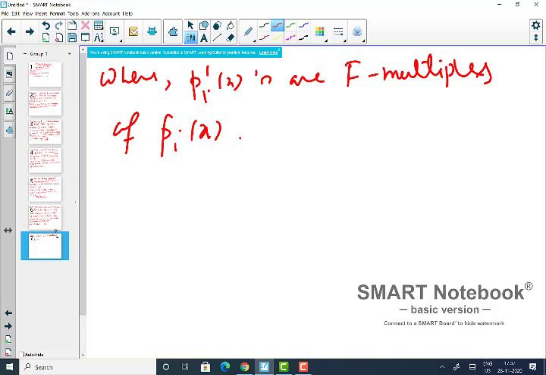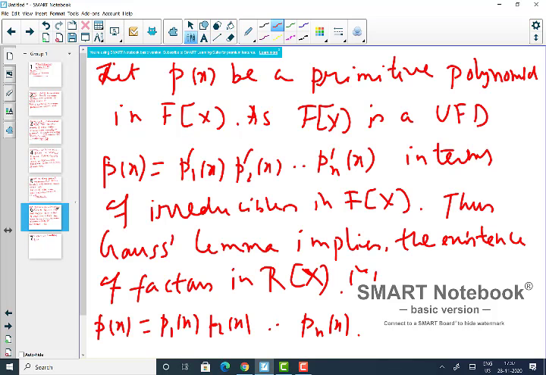So this is coming from Gauss lemma. We have a product of polynomials in R[x], but how do you know they are irreducible inside R[x]? That is the question. They are irreducible inside F[x], but inside R[x]? Again, that is the corollary of Gauss lemma.